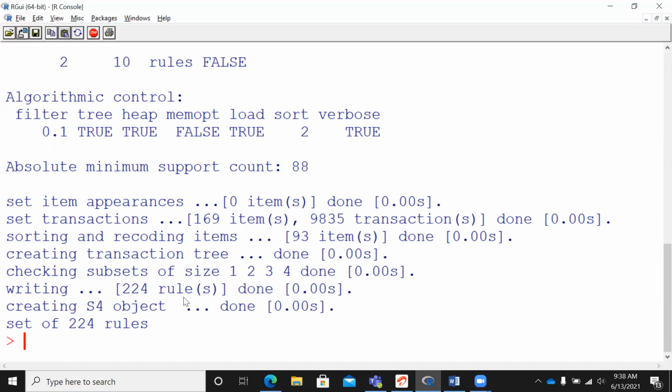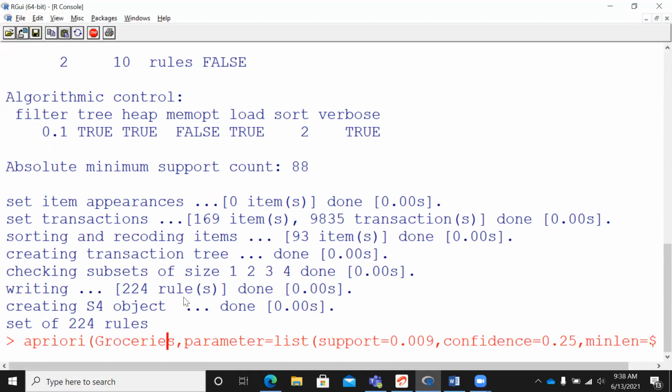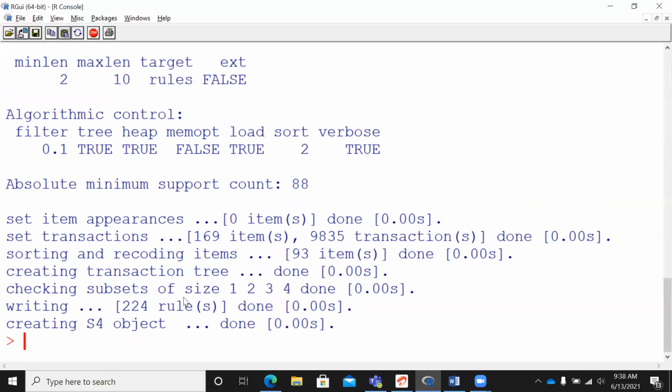Now, I'm not able to see the rules. To fetch the rules, I will recall this particular command, which is Apriori. I am going to store this in an object and call it rules. Remember, rules is like a bucket. It is like a container which will contain all the 224 rules that the Apriori algorithm has extracted. Let me go ahead and execute this.